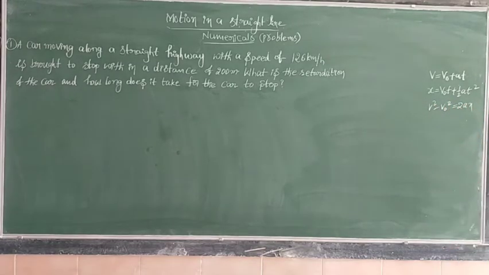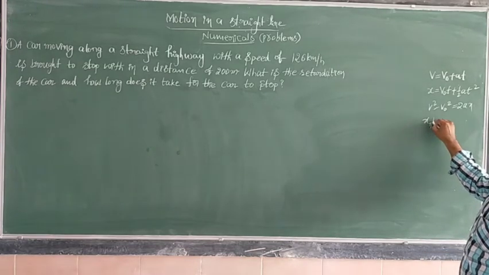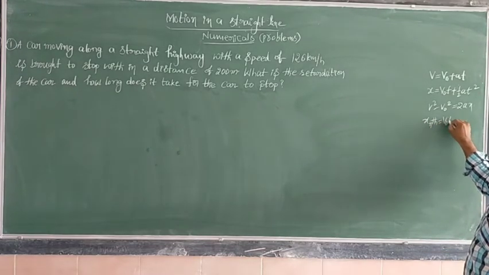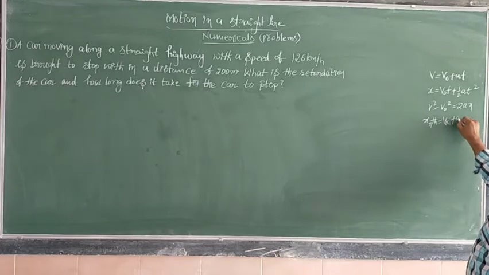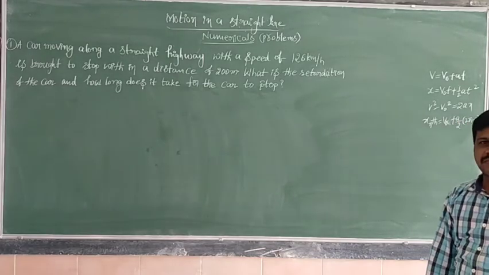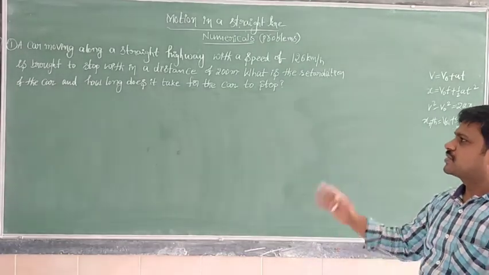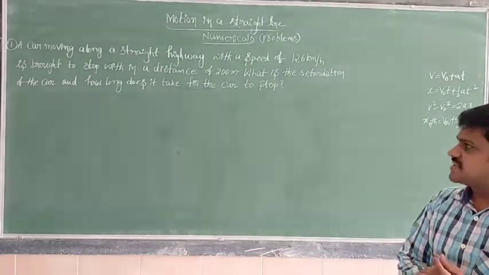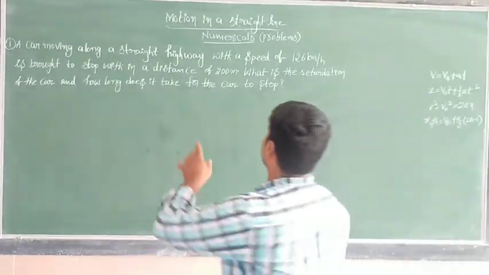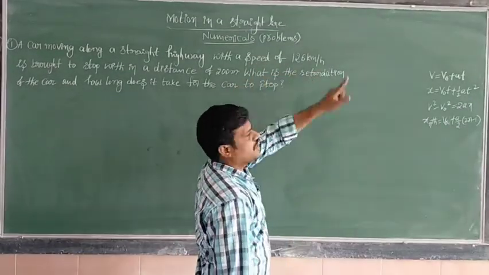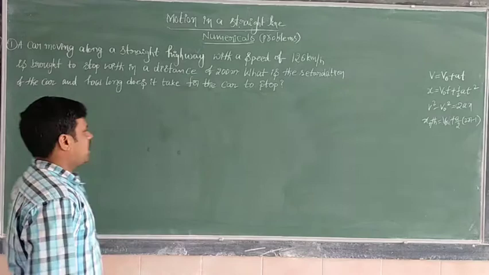Otherwise, x nth equal to v naught plus a by 2 into (2n minus 1). By using any one of the formulas, we have to solve the problems in this chapter. Now initially, the car is moving with a speed of 126 km per hour.